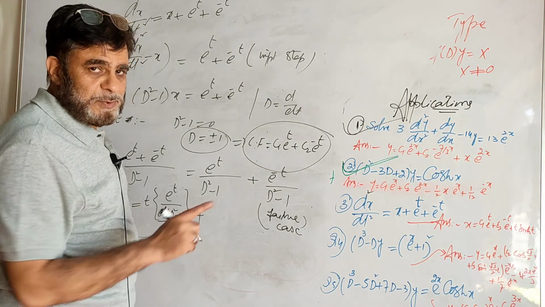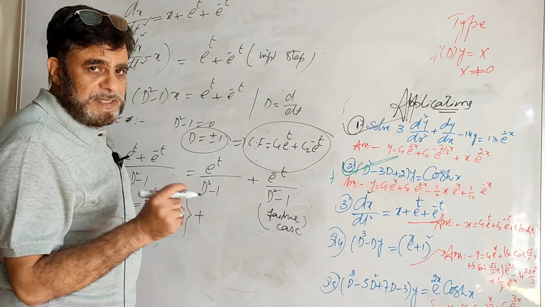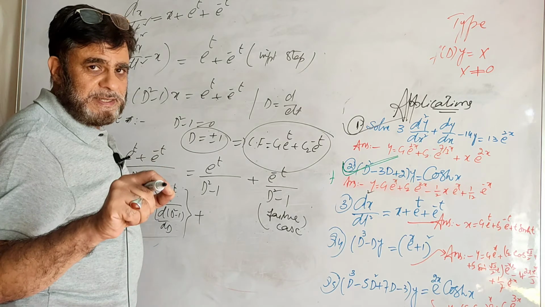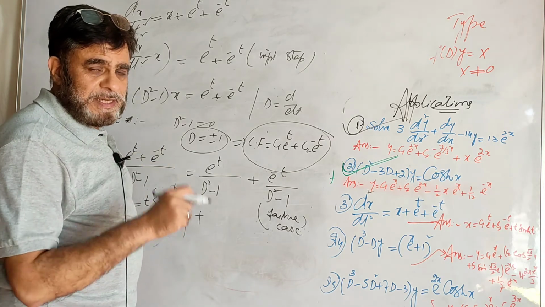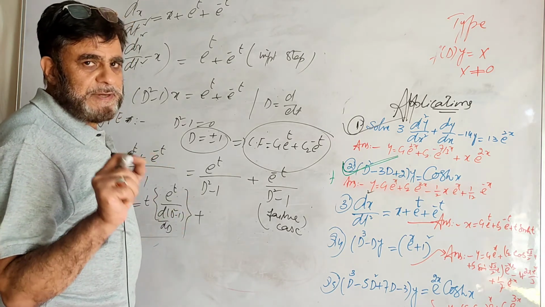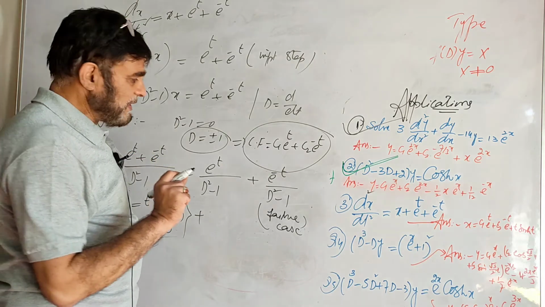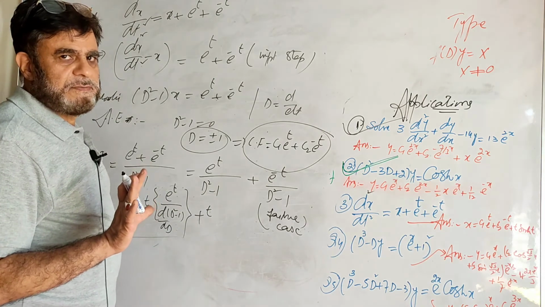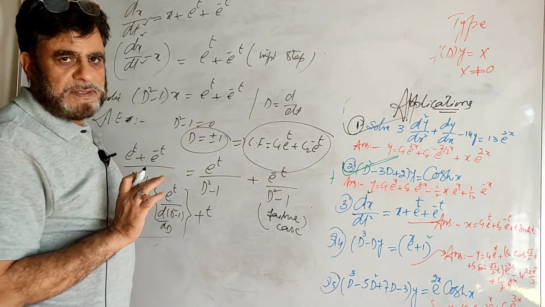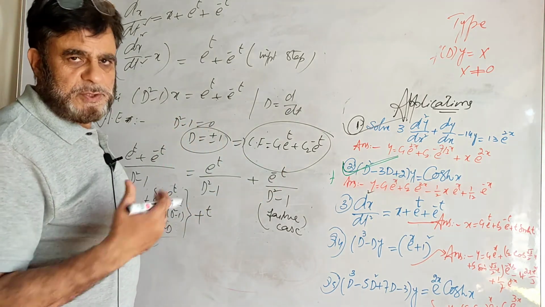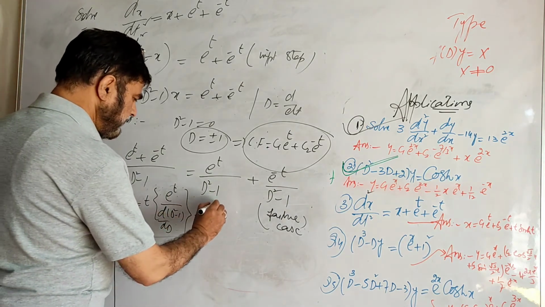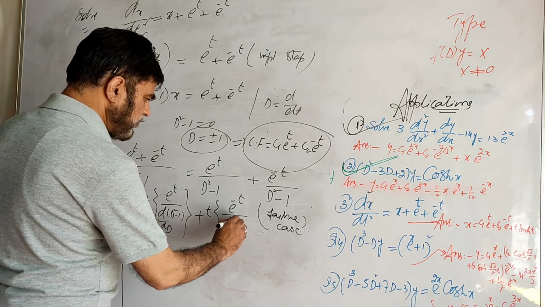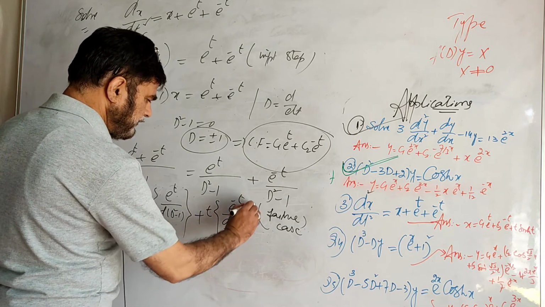Sometimes you commit the mistake and write minus t, because in the exponent e raised to power ax we did nothing with a, we just wrote out the independent variable in the failure case. Don't write minus t, it is again t, the independent variable, whatever the exponent, positive or negative. Then e raised power minus t, divided by the derivative of D square minus 1 with respect to D.